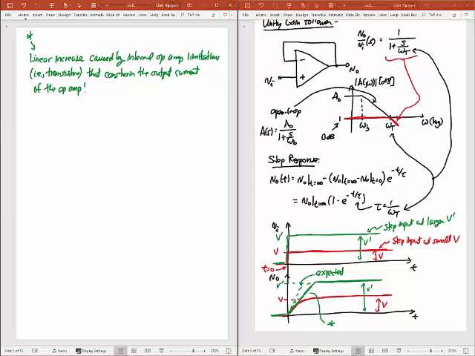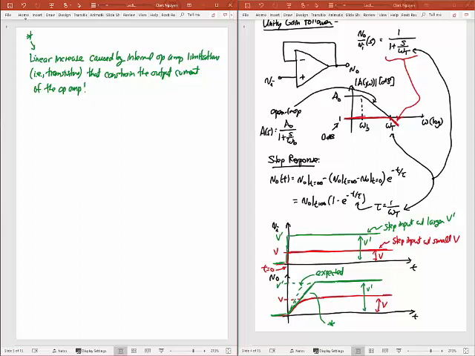So this is happening because my op amp cannot source enough current to do this. In order to follow the expected curve, my op amp would have to source a certain amount of current, but it has a threshold current that's lower than that, and so it cannot source that current.